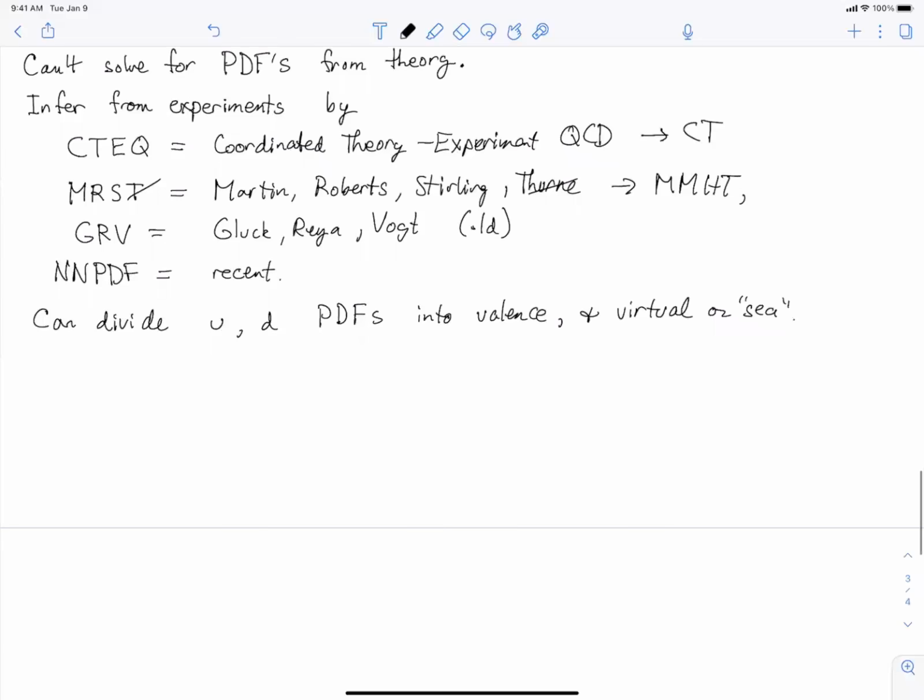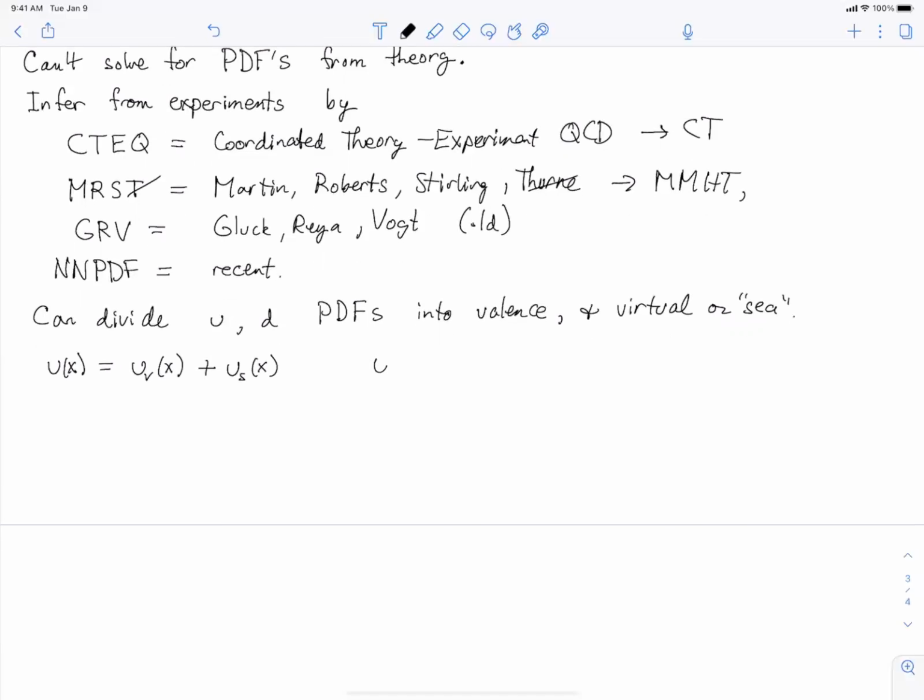So the way that works is the total up quark PDF is a valence part plus a sea part. The S here is for sea, not strange. And the sea part is defined to be the same thing as the up bar PDF.